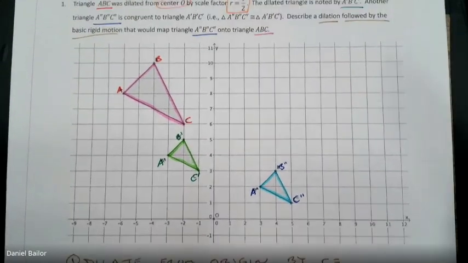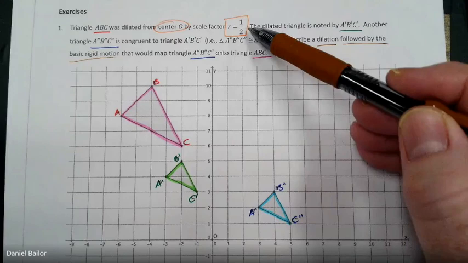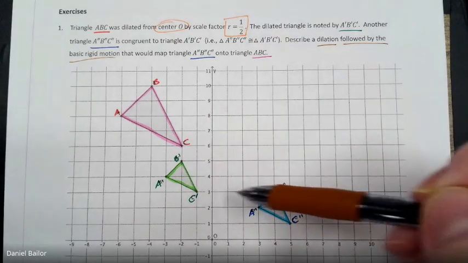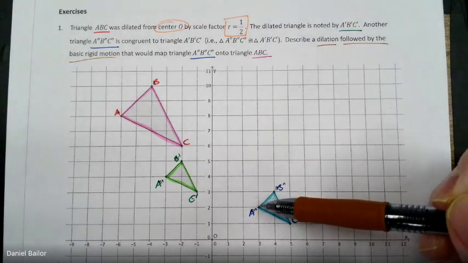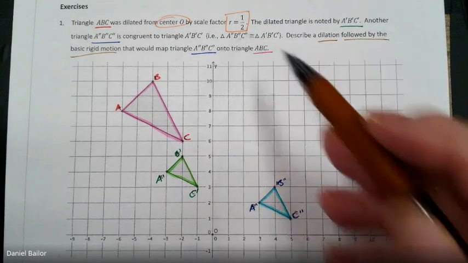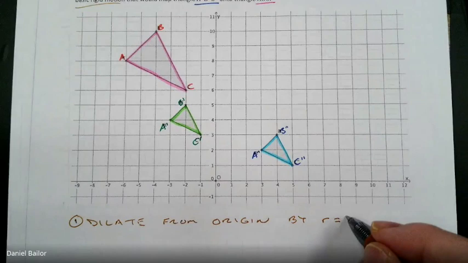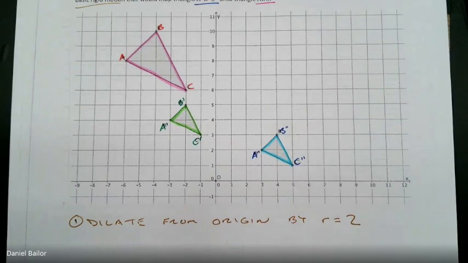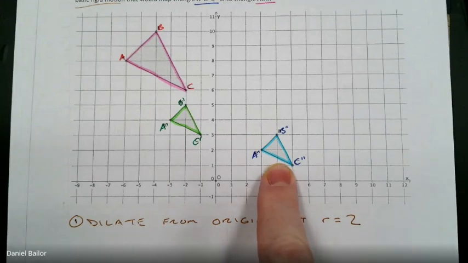Well, we know that up here r was 1/2 when we made it smaller. So to make these bigger again, we need to do r equals 2, because that is the inverse of 1/2. So dilate from the origin by r equals 2. So now we need to take this one and dilate it from the origin, r equals 2.